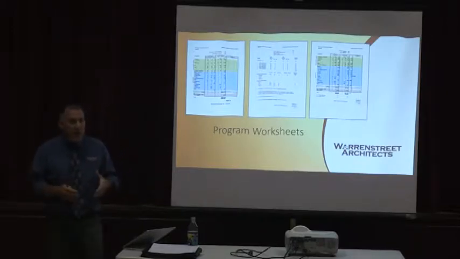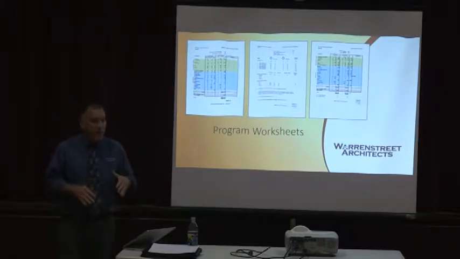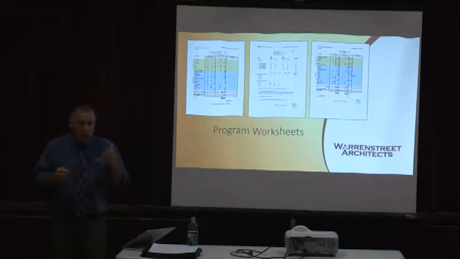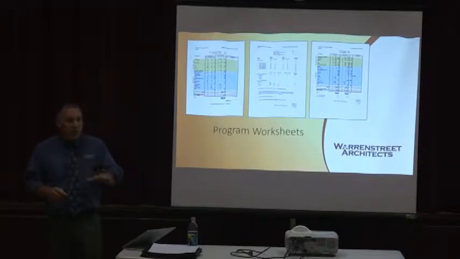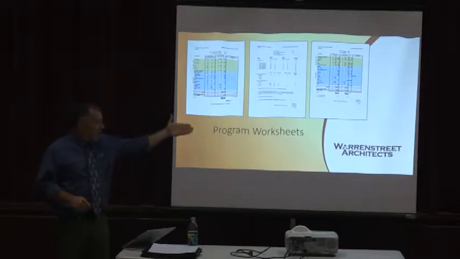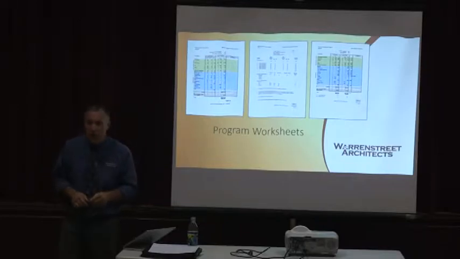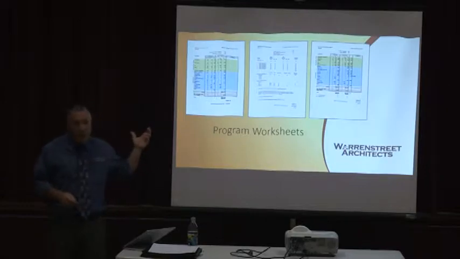So I really spend a lot of time drilling down to think about the students, how they use the building, where they go, where they're going to be, and what those needs are, room by room, space by space. And so that's what all these worksheets are. And when you see the full report, there's, I believe, from table A through table G.